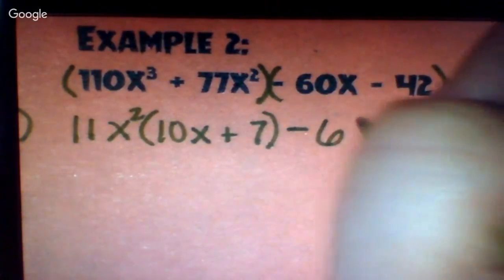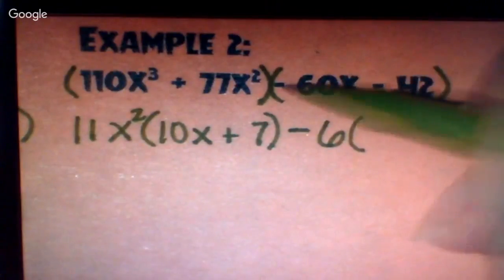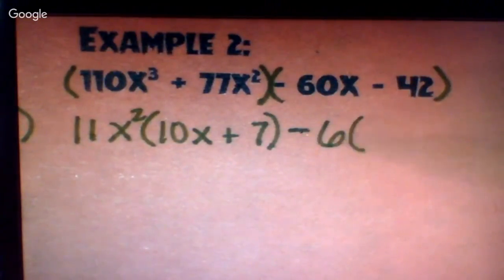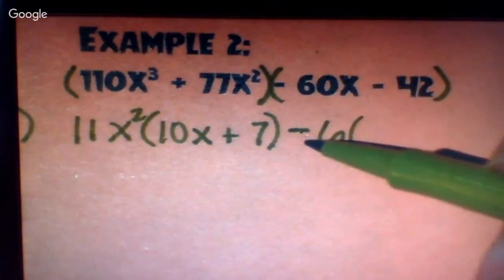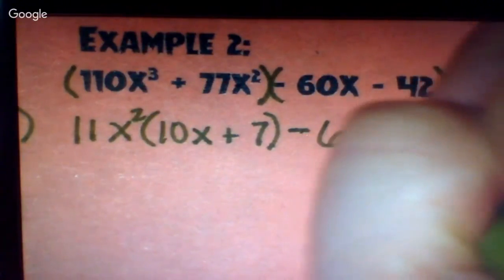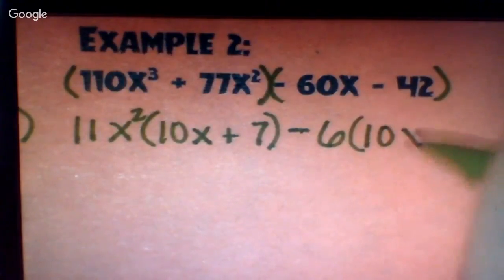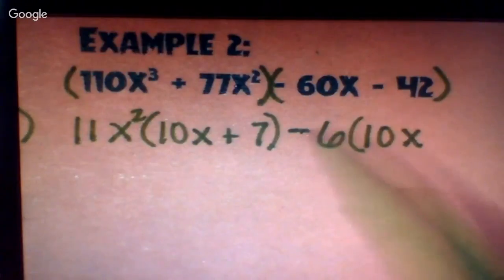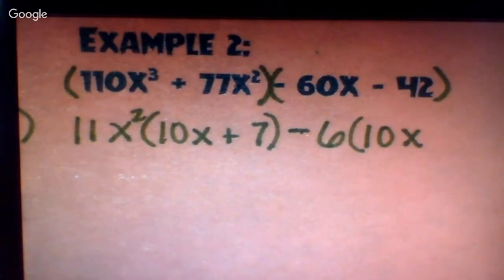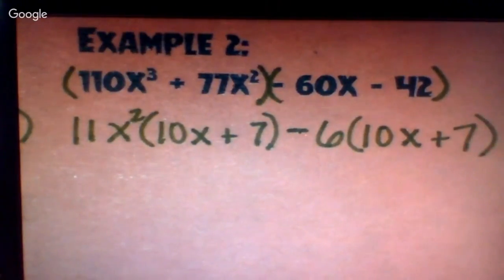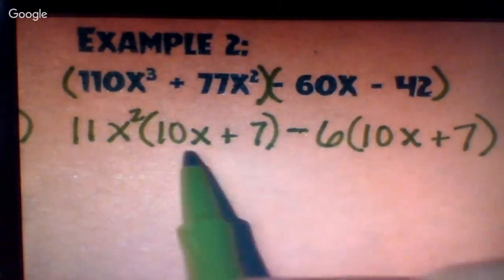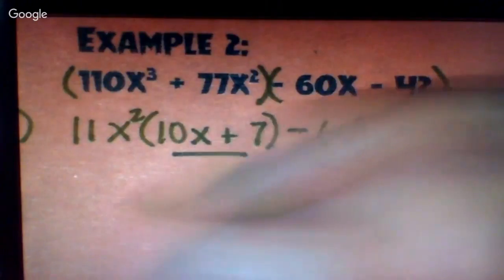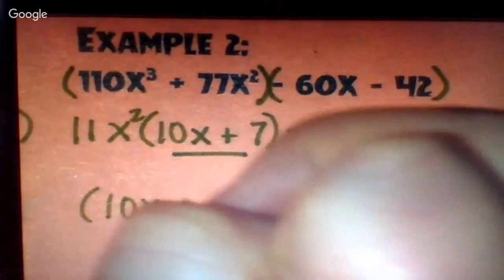No. Negative 60 divided by negative 6 is positive 10. Don't forget your x. Negative 42 divided by negative 6 is positive 7. These two match, so that's the first part of your answer: 10x plus 7.